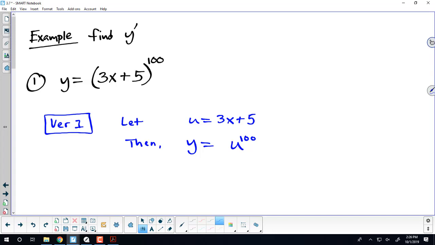We have to take the derivative of our u substitution, and we have to take the derivative of y in terms of that substitution. So version 1 says take the derivative of both of these and multiply those together.